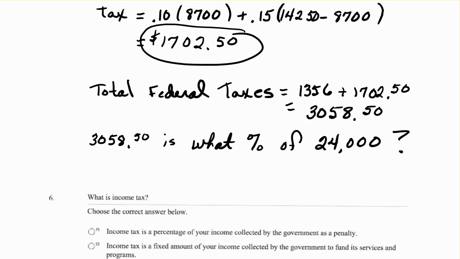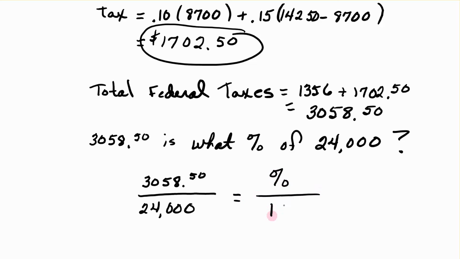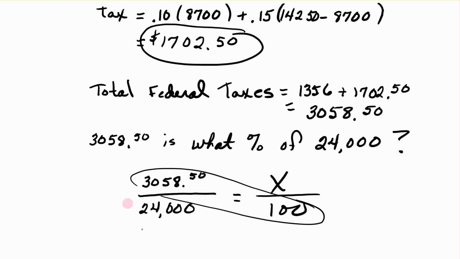So now we're going to use our percent proportion. So 3058.50, that's in the is spot. Of spot, 24,000. What percent? We don't know that. 100. Okay, so I'm going to cross multiply and then divide.